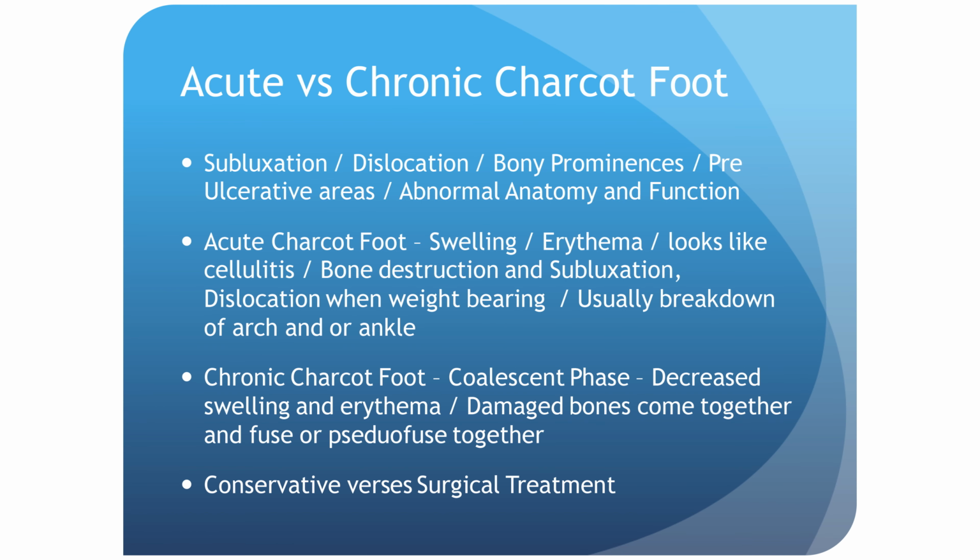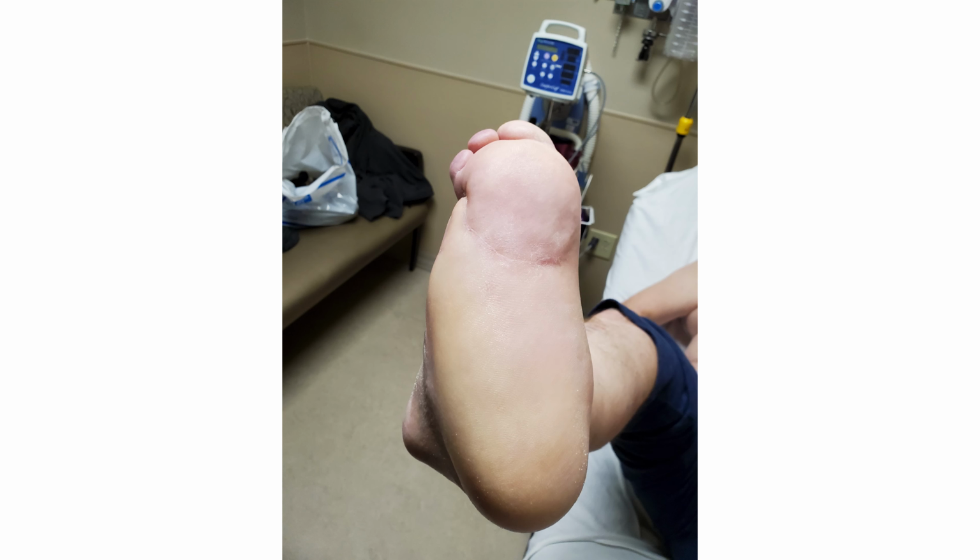Next, I'd like to talk about diabetic Charcot foot. There's acute Charcot foot, where the bones are breaking down because of the disease in the midfoot or the ankle. Or there's chronic Charcot foot, where everything sort of comes back together and coalesces or fuses where it's at. But what happens with Charcot foot, the bones break down and there's not normal anatomy, and so you get what they call a rocker bottom foot, where the bones are actually coming through the plantar surface of the foot, or you get a subluxation or dislocation of the bones.